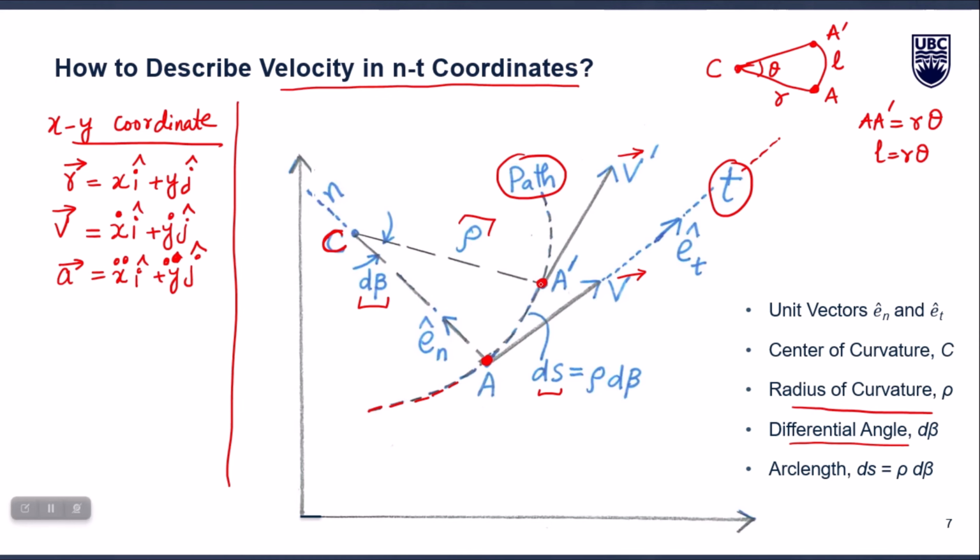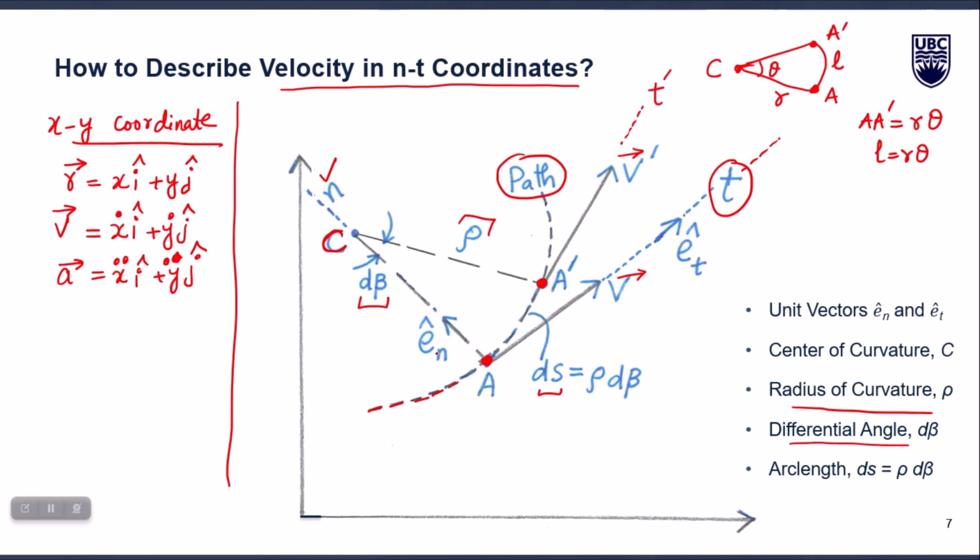At the time instant when A moved to A prime, the particle moved to a new location, you will have a different velocity, but now you will also have a different t axis. So it may be called t prime, right? Similarly, at both of the points, you will also have an n axis, which will always remain 90 degrees to the corresponding t axis.